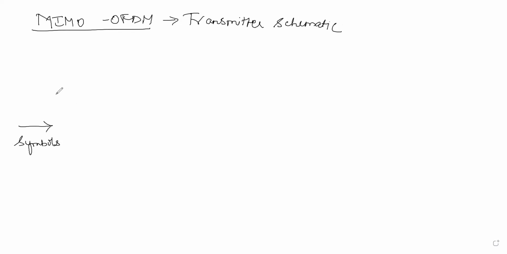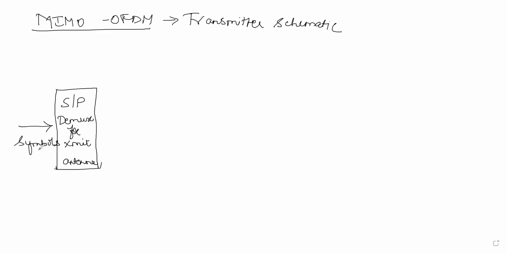These symbols will go through the first step, that is a serial to parallel demux for the transmit antennas. We are just combining both technologies, MIMO and OFDM.